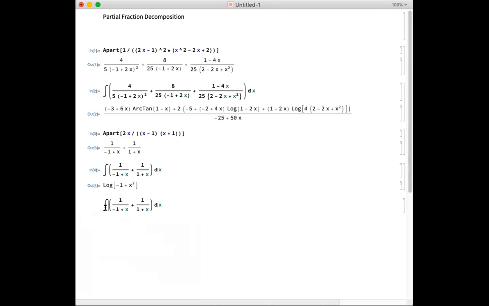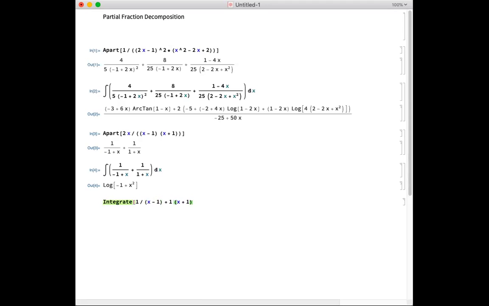I don't think I can do an adjustment of that, but if I use Integrate instead, then I can do something like 1 over x minus 1 plus 1 over x plus 1.